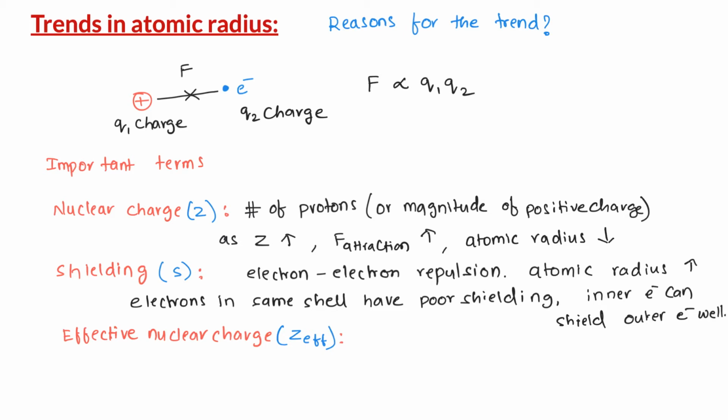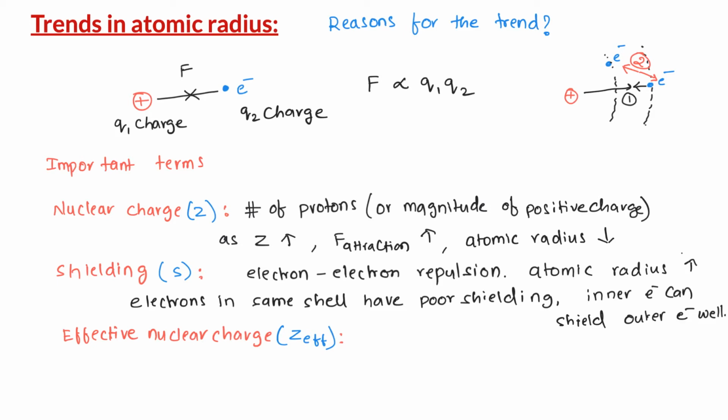Third, effective nuclear charge. The outermost electrons now experience two different types of forces. One, the force of attraction from the nuclear charge, which decreases the atomic radius, and second, the electron-electron repulsion, also known as shielding, which increases the atomic radius.